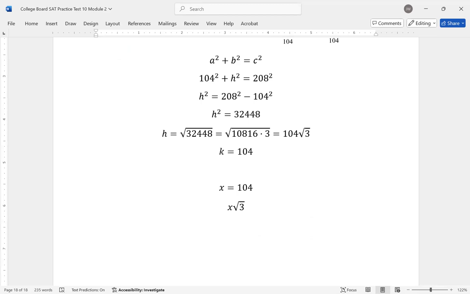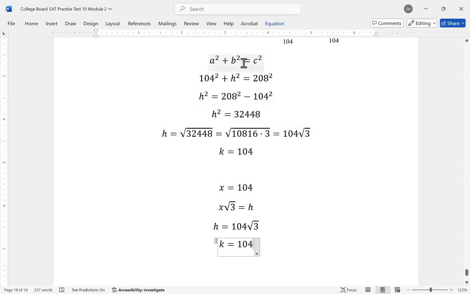That would be essentially your height in this case, what I called the height. And so if x is 104, then the height is 104 times the square root of 3. And therefore k is 104 again.